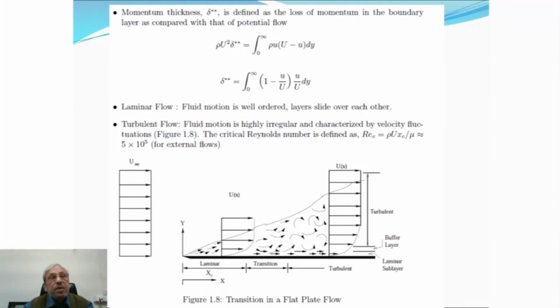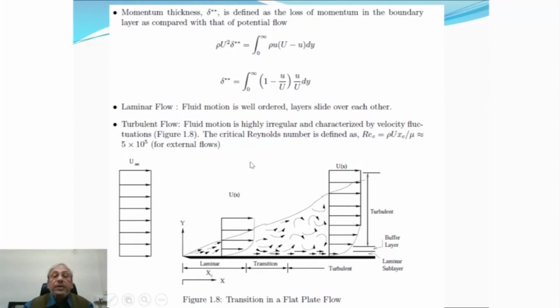Again, I am saying this is not a complete definition. We will complement it with many other attributes in course of time. Since it is introductory, I am just mentioning it in that fashion: well-ordered flow, as if fluid layers are moving over one another, sliding over each other without getting undulated. That is the laminar flow.